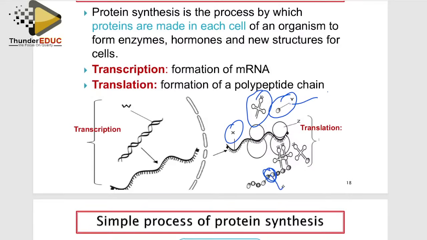We call the bond a peptide bond. And how do you call the chain? We call it a polypeptide chain. How do you call this? We call it the nuclear membrane. And how do you call the hole in the nuclear membrane? We call it a nuclear pore.